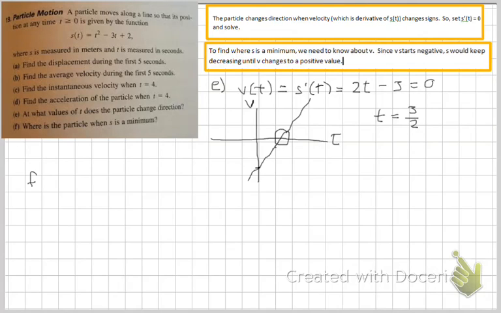And then for part F, it's connected to this, and it's helpful to have the graph. Basically, since v starts negative, when v is negative, the values of s will decrease.